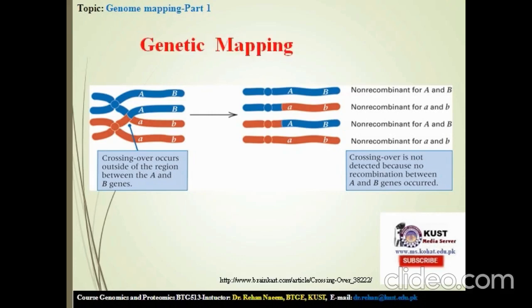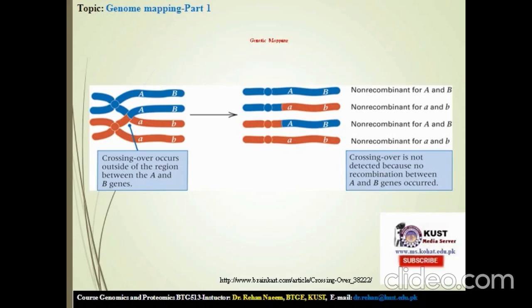The point at which they form synapsis is called chiasmata, where they exchange chromatids, and the exchange of chromatids is known as crossing over, and crossing over basically gives recombinations. If crossing over does not occur, no recombination between genes is detected, and if crossing over occurs, recombination occurs.